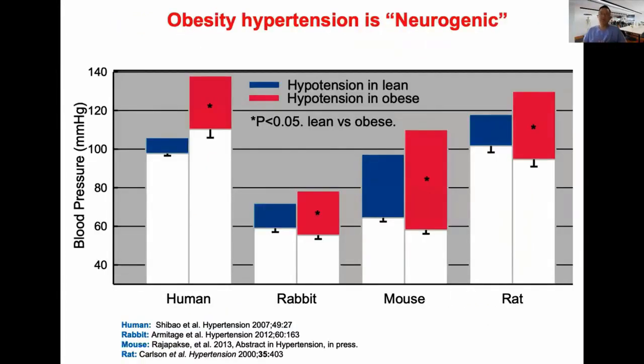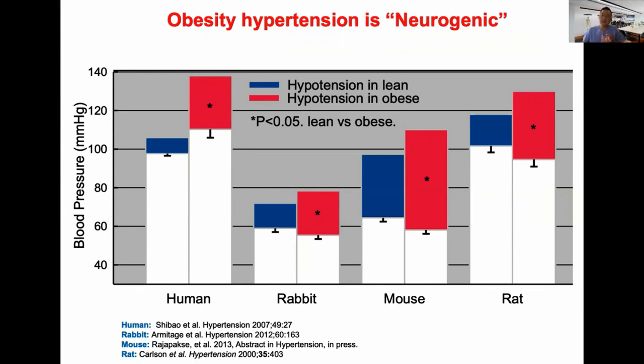Importantly, obesity-related hypertension is neurogenic, meaning the brain is playing a key role in this development of hypertension in obesity. For instance, when a ganglion blocking agent, which inhibits or blocks the transmission between the neurons in the autonomic nervous system, was used, studies have shown that obese subjects show greater depressor effect, meaning the blood pressure went down when this was blocked.